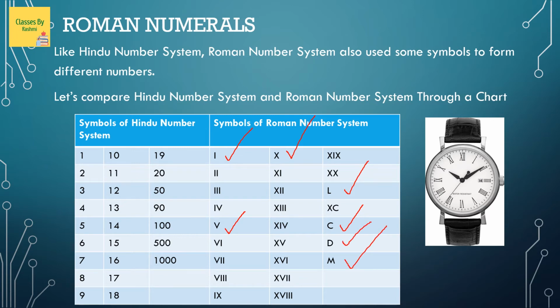So basically we have 1, 2, 3, 4, 5, 6, 7 symbols.